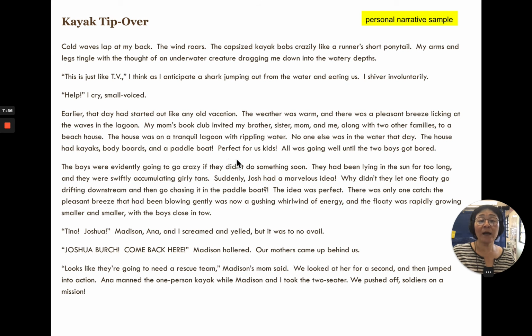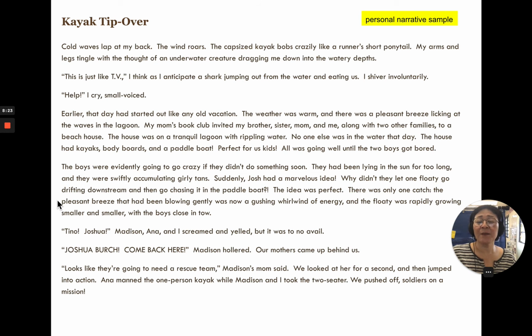All was going well until the 2 boys got bored. The boys were evidently going crazy if they didn't do something soon. They had been lying in the sun for too long, and they were swiftly accumulating girly tans. Suddenly, Josh had a marvelous idea. Why didn't they let one floaty go drifting downstream and then go chasing it in the paddle boat? The idea was perfect. There was only one catch.